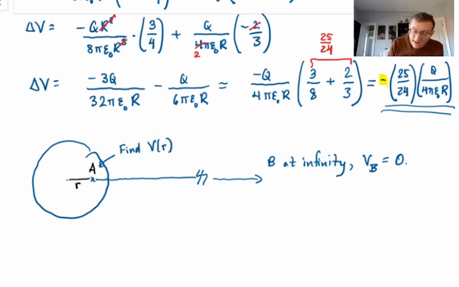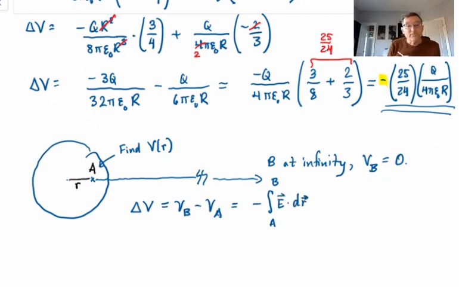So we still just do the same thing. Delta V means V at point B minus V at point A, which is minus the integral from A to B of E dot dr. But point B is out at infinity, and we define the electric potential there to be 0. And so that's gone.